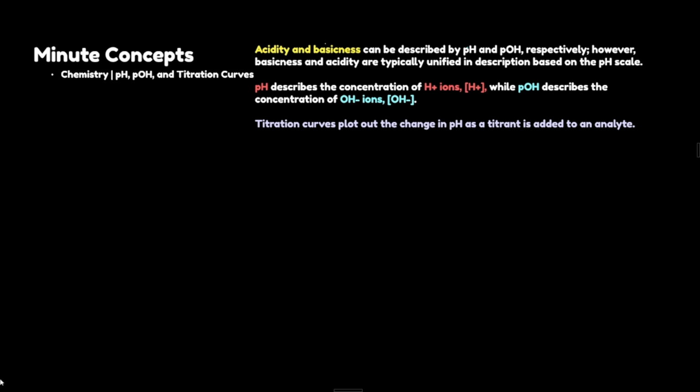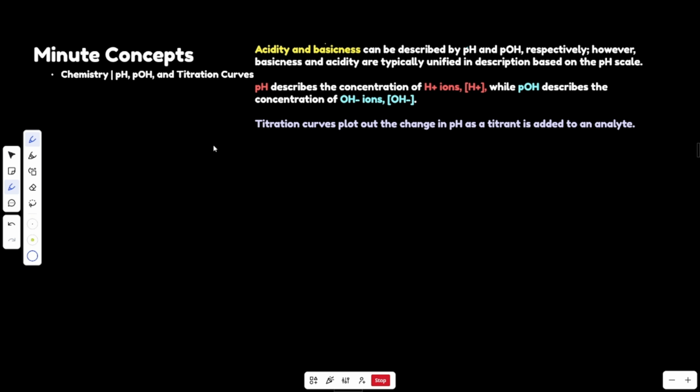So perhaps for those of you already in, well, this is a Gen Chem 2 topic, so I assume you have already heard about what pH is, right? So we have the pH scale. The pH scale goes from 0 to 14, where the closer you are to 0, the more acidic, and the closer you are to 14, the more basic it is, right?